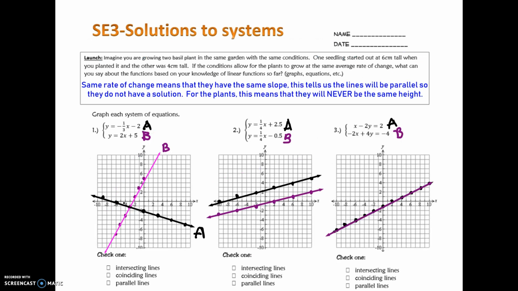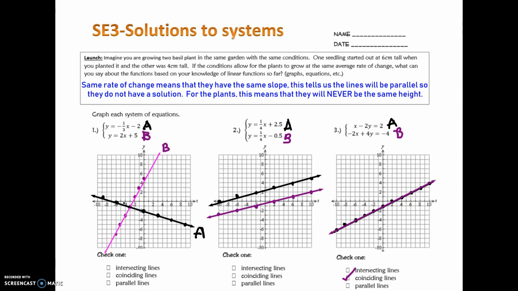Here is the graph of the third and final system of equations. It might be hard to see, but you should notice that the two lines that you graphed will go right on top of each other because in fact they are the same line, even though they didn't look like it until you put them into slope-intercept form. This is what we call a set of coinciding lines because it's kind of like they coexist at the same time.